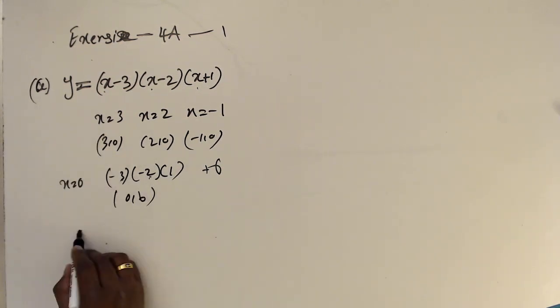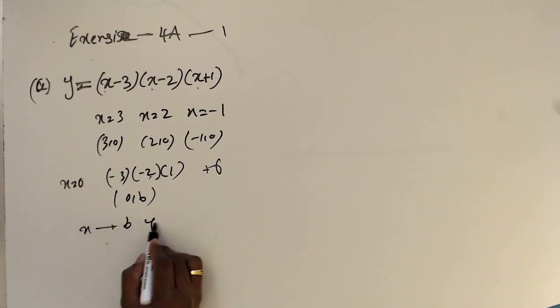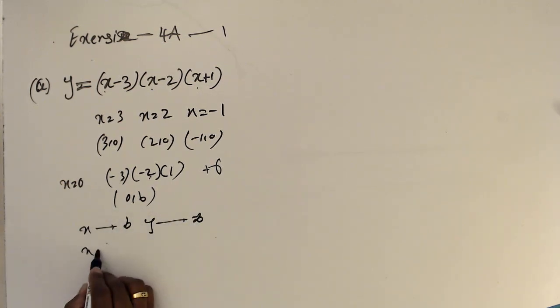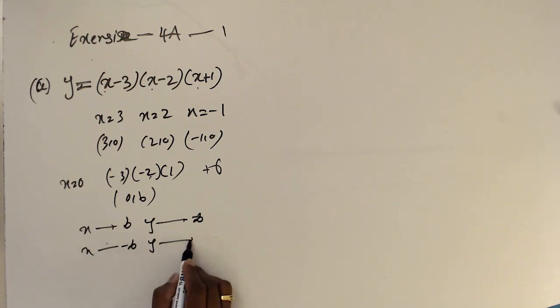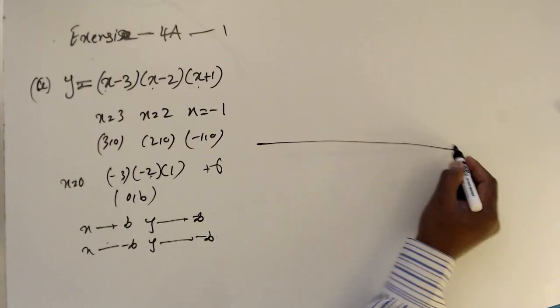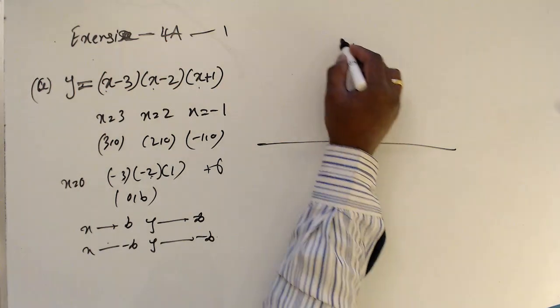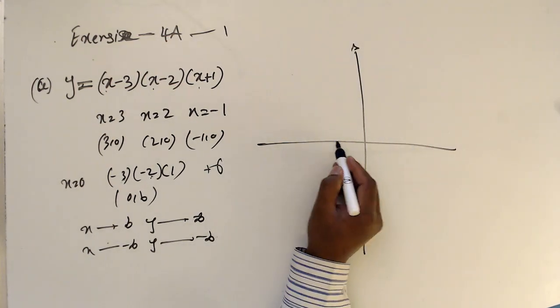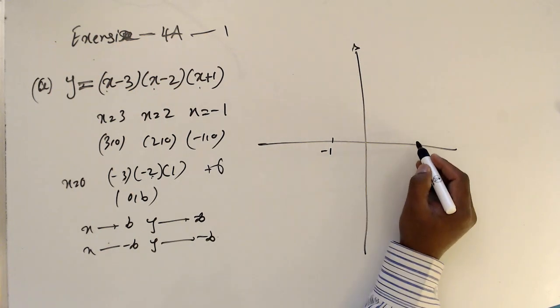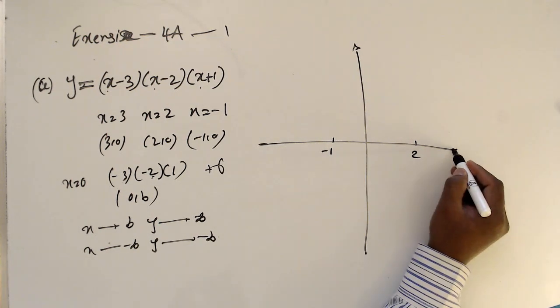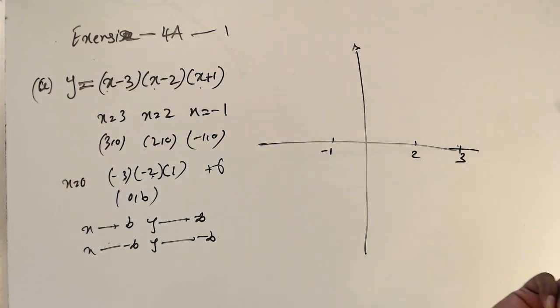And as x goes to infinity, y also goes to positive infinity. As x goes to minus infinity, y also goes to negative infinity. Now you have this knowledge very clearly, and then we'll draw this one. Minus 1, 2, and 3.